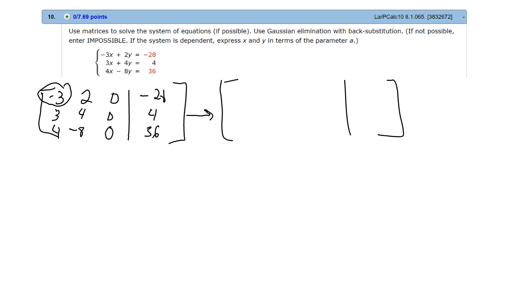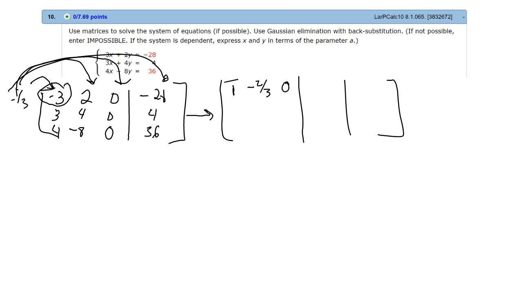Yeah, so we're going to multiply by -1/3. -1/3 times -3 would give me a 1. -1/3 times 2 would be a -2/3. -1/3 times 0 is 0. And -1/3 times -28 is 28/3.